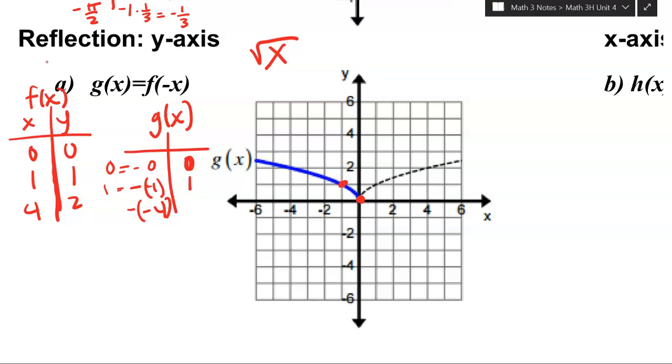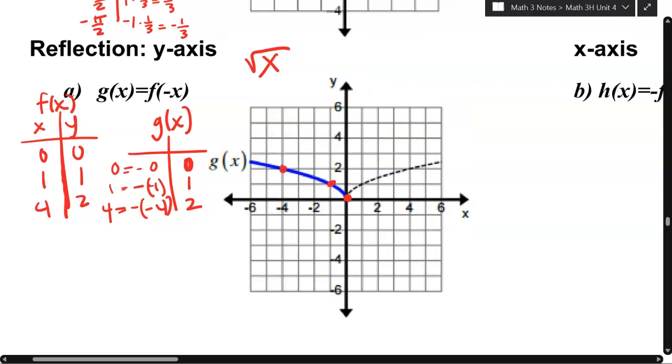So that's going to be at 2, because it's going to be a positive 4. So just know that if it's a square root function, it's going to behave a little bit differently because of those restrictions with our square roots.